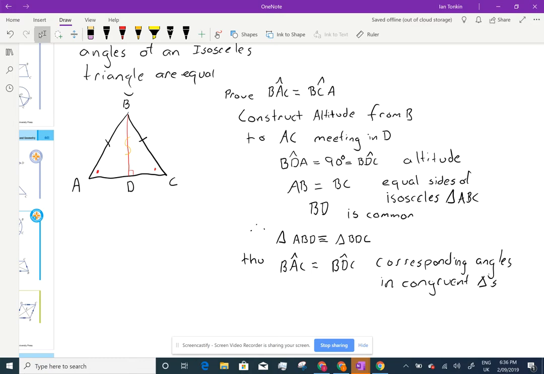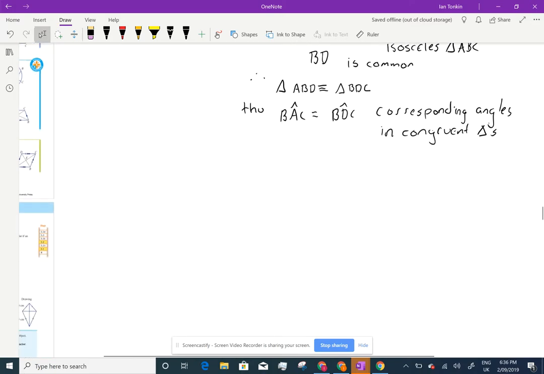Now, the next one you need to prove is that the opposite sides of a parallelogram are equal. I'm going to draw it up. You go and have a think about it, all right? And I'm going to do it. If you've gone away and come back, well, here we go.